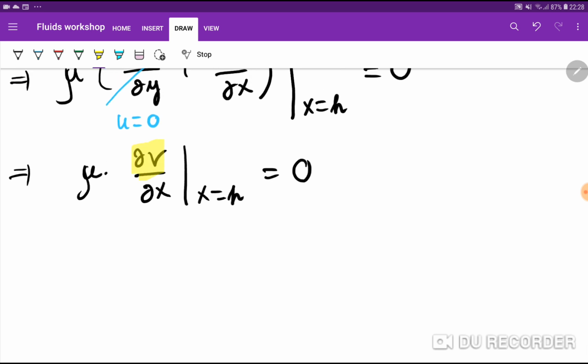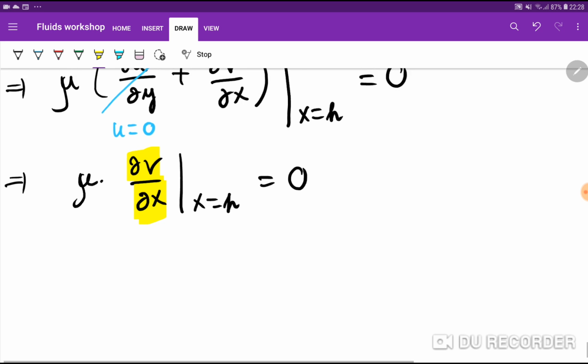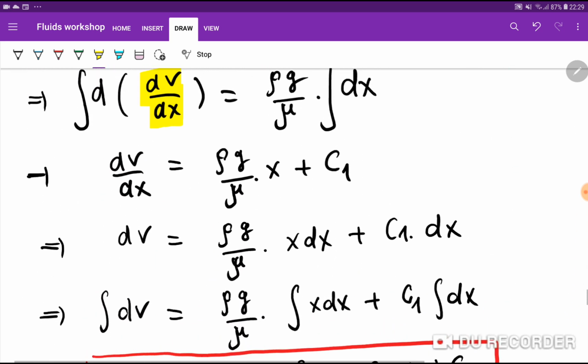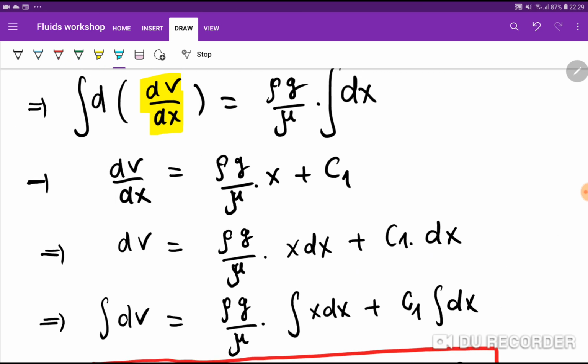Now we start plugging it in. Do we have partial v over partial x? Yes, we do. Remember, partial v over partial x is dv over dx because v is only a function of x, so the partial and ordinary derivatives are the same.